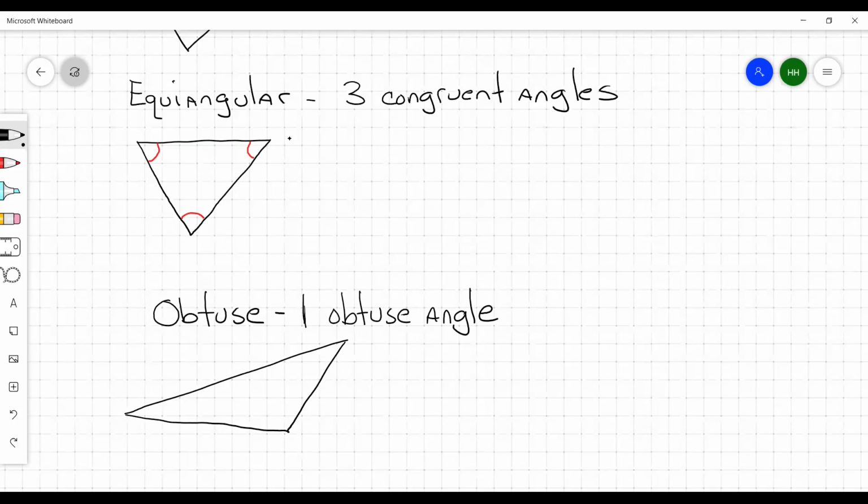And then finally, you've got a right triangle.